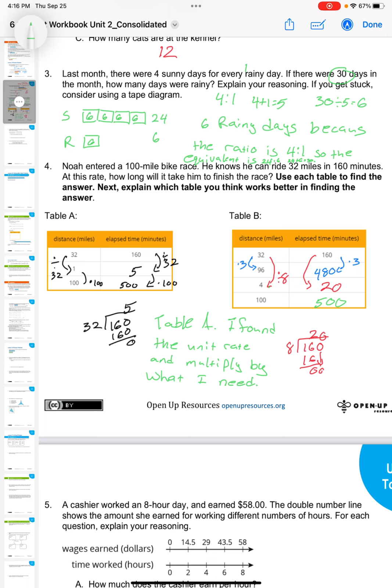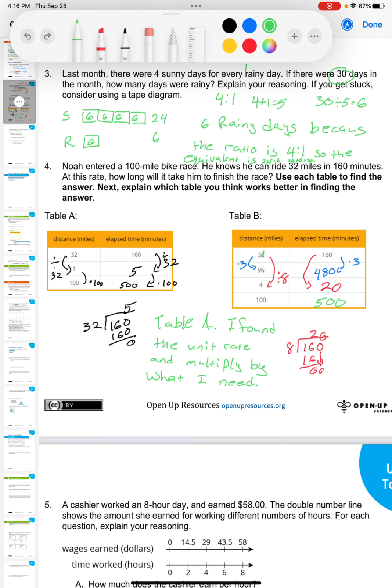It's a matter of what's easier for you. Okay? Personally, I think table A is easier. I think a lot of you might think it's easier than trying to figure out, what do I multiply 32 by, and then what do I divide it by?